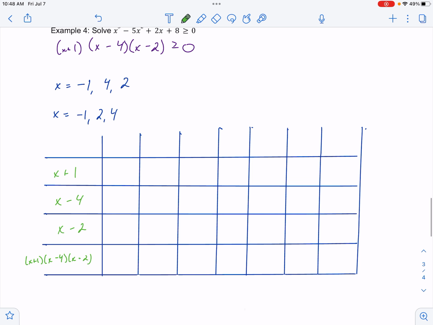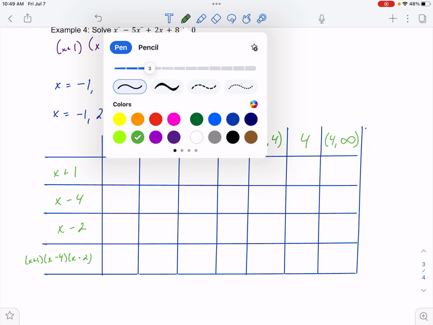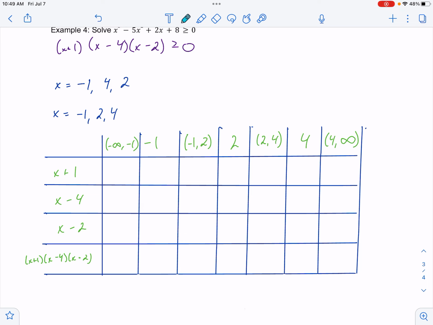Our x-intercepts were -1, 2, and 4. Our intervals are between -1 and +2, and 2 and 4. On the ends, I've got 4 going off to infinity, and on the left, I have -infinity coming up to -1. Let's start doing some testing.